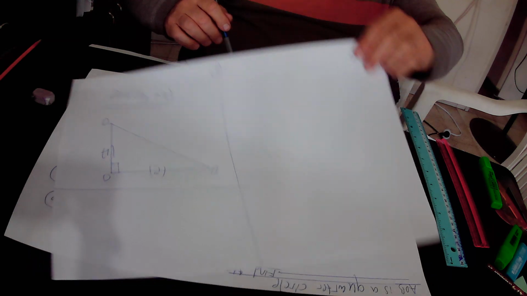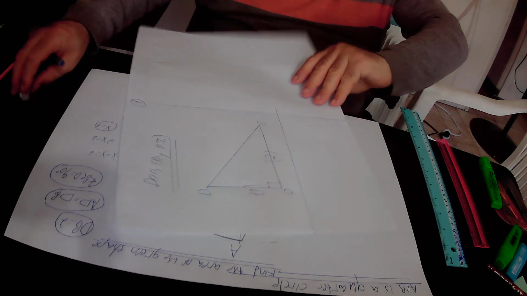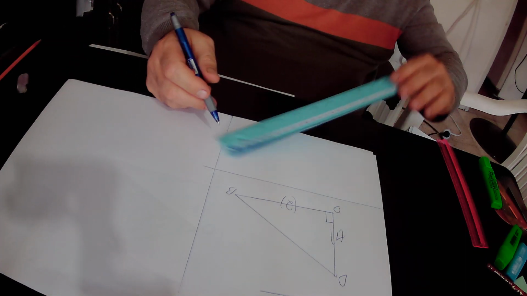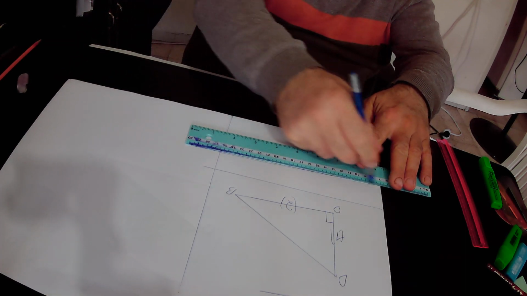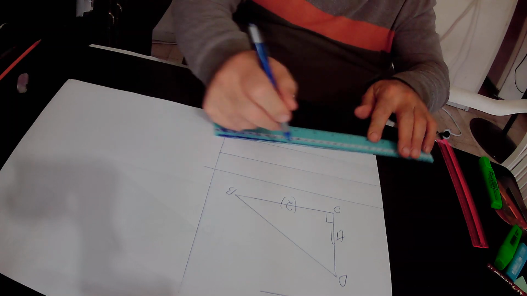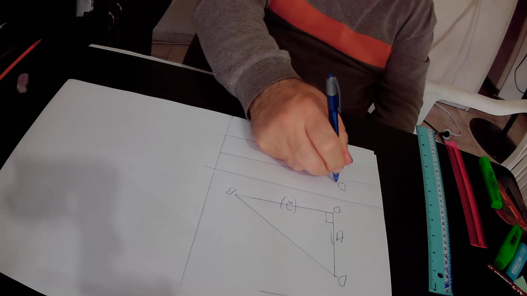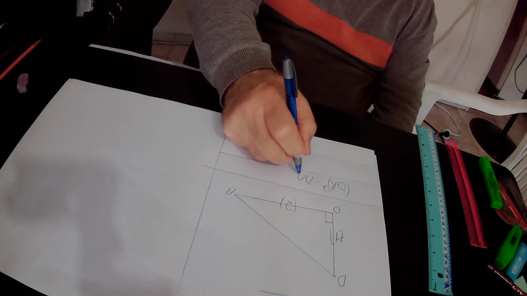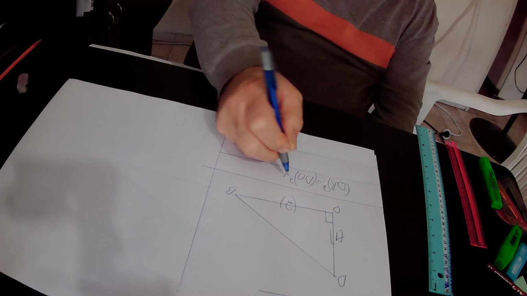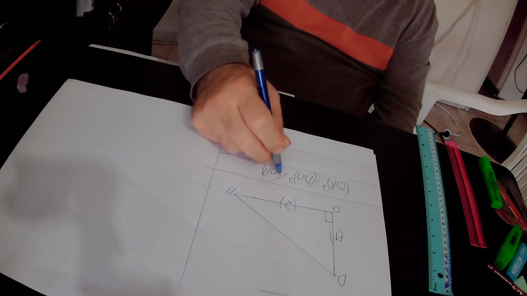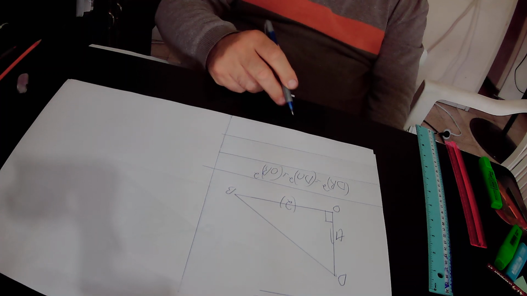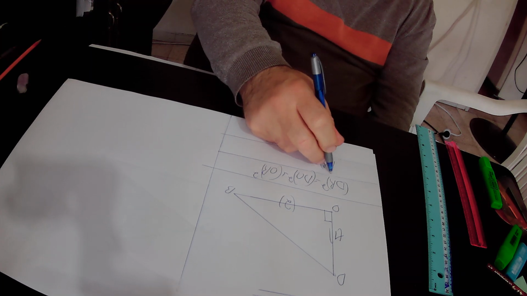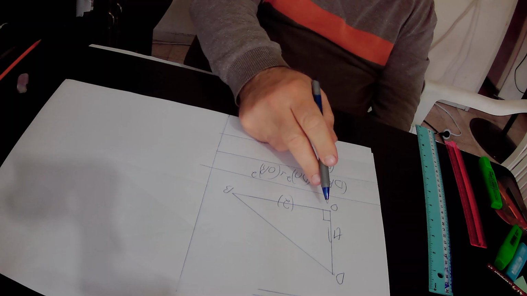So I write it down. DB square equals DO square plus OB square. DB is the missing side, so we leave it as it is. So DB square equals DO square.